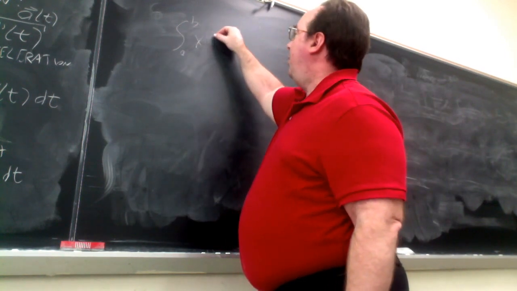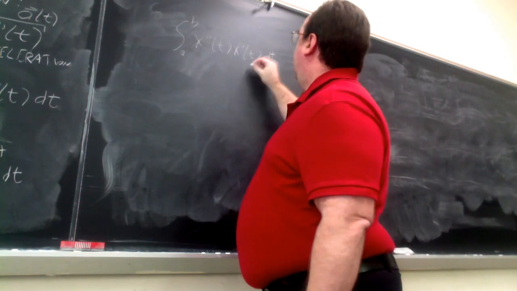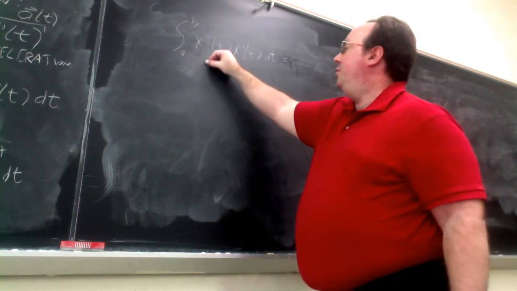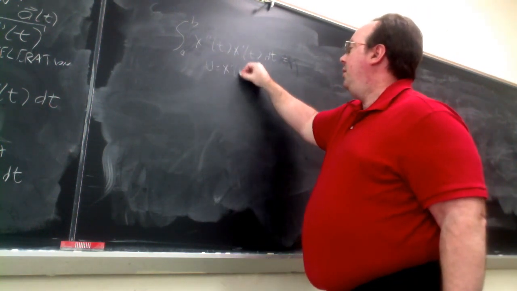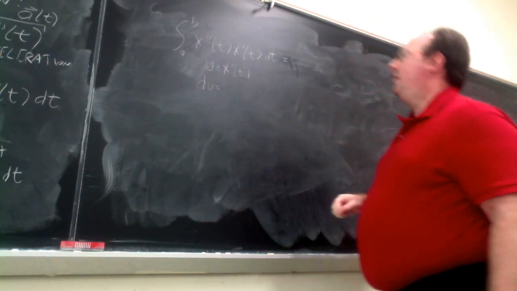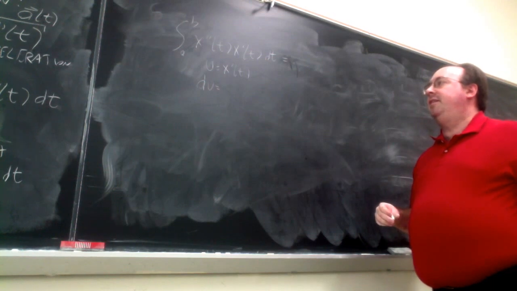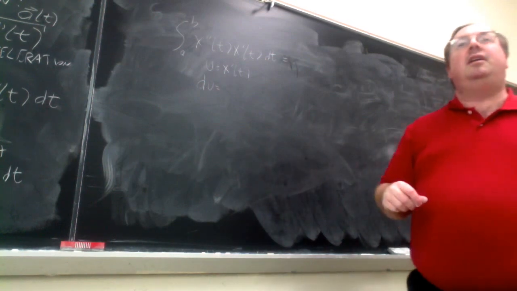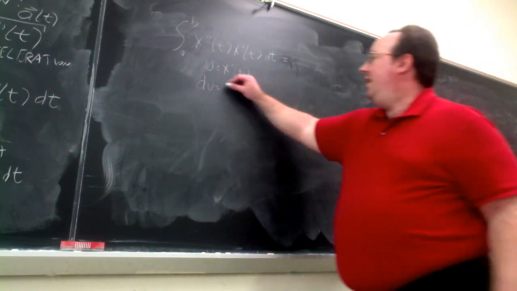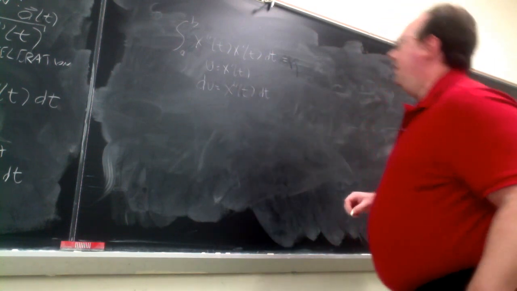The first one, x double prime x prime. So I'm going to let u be equal to x prime. So what's your du? Would it just be x and t? Nope. x double prime dt.